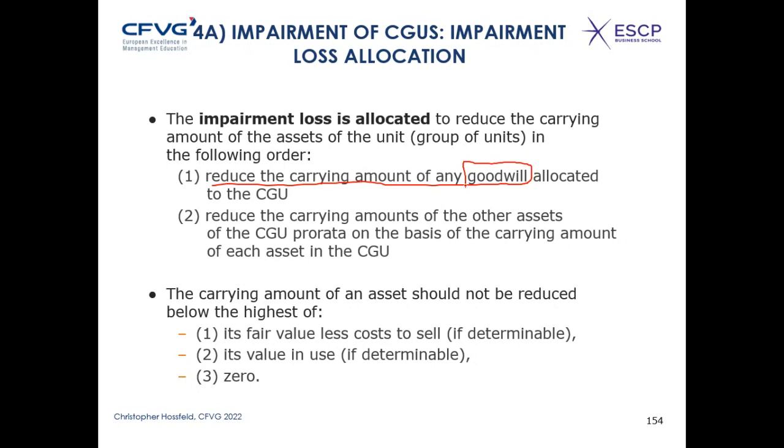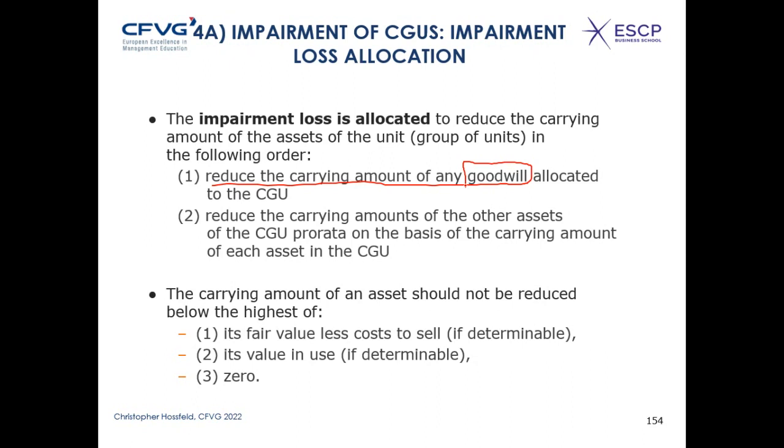And since I have an impairment here, we can assume that the future outlook is not as good as it was before, which means goodwill is not as high as it was when I bought the company. That's one reason. We could also say goodwill, we don't really know what it is, because it's a residual amount calculation-wise, and therefore any loss is taken out of goodwill directly, and then we check for the other stuff.